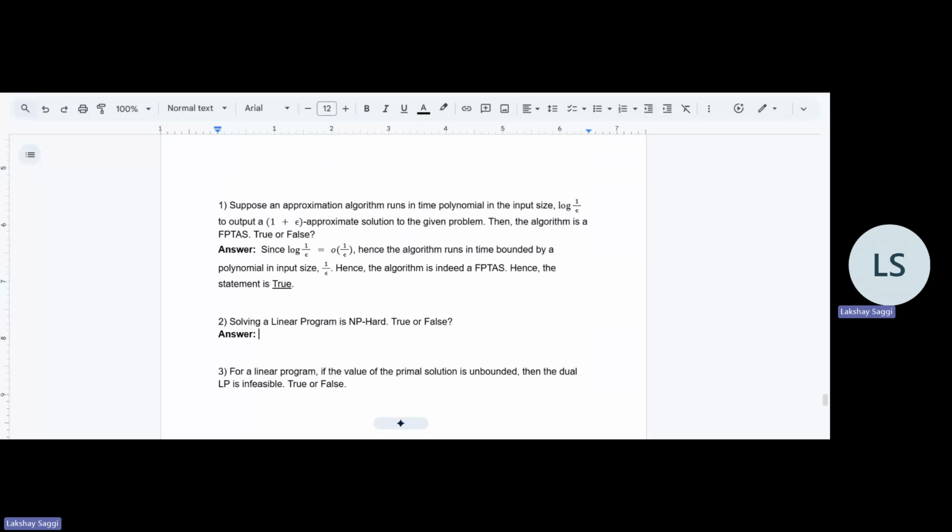It's integer linear programming which is NP-hard. So that's why this statement is false. Linear programs can be solved in polynomial time, and integer linear programs are not.